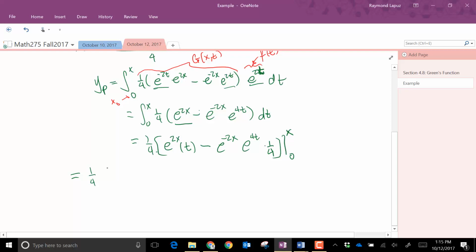We get a 1/4 x e to the 2x, and then we have minus e to the, now we put x in there, this is going to be negative 2x plus 4x. And so that would be 2x.